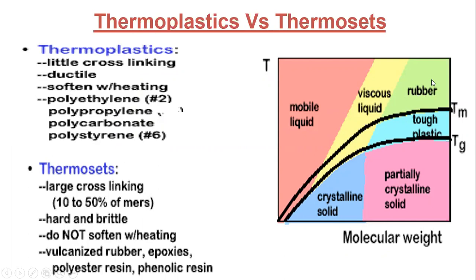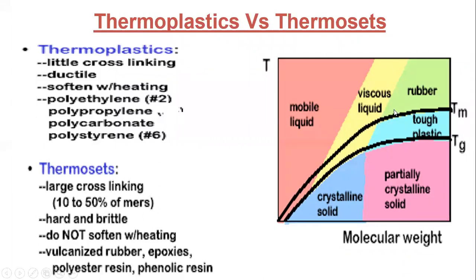Last one is the rubber, and in between that toughened plastic is obtained. Below the glass temperature, crystalline solids and partially crystalline solids are obtained. But in between the glass temperature and the degradation temperature, toughened plastic is obtained.